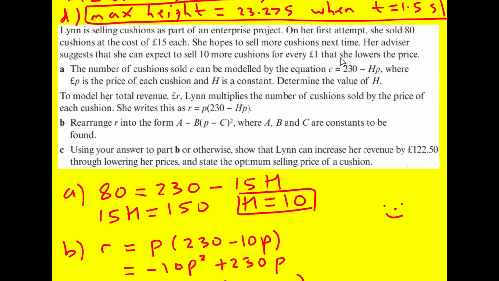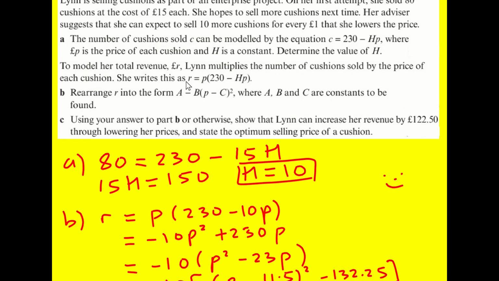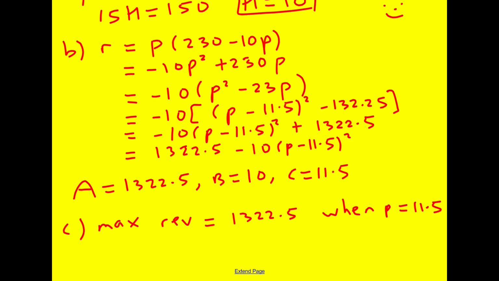And then we can work out the number of cushions sold, because what we're trying to do is work out R. So we need to work out the revenue for the original one, when she sold them for £15, when P equals 15. R was equal to, to be honest, I can substitute it into this one here.